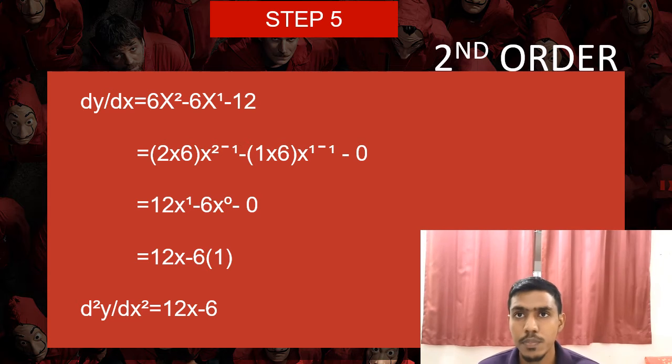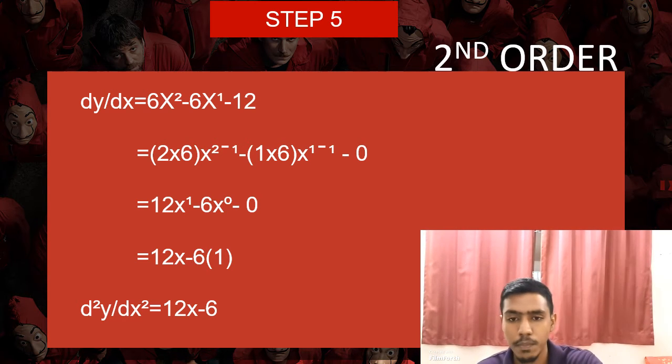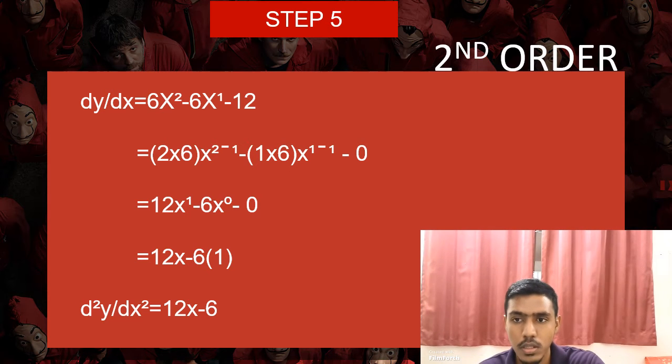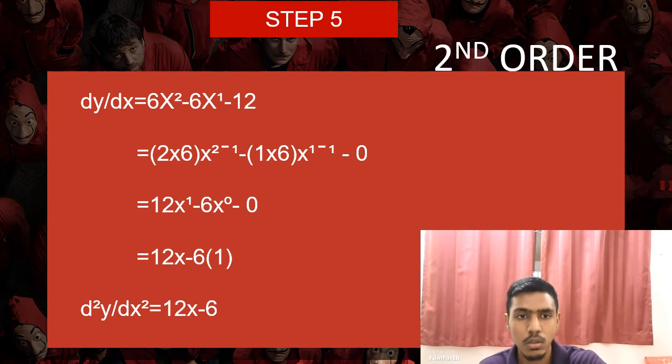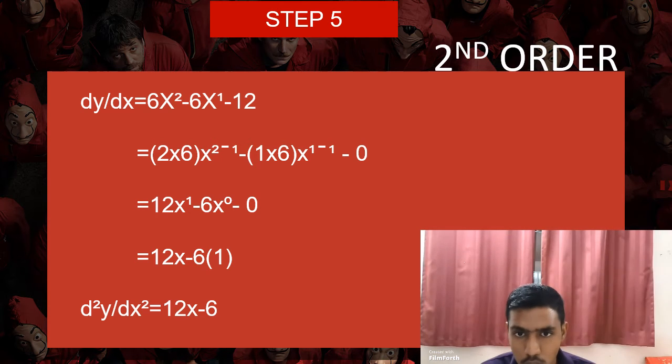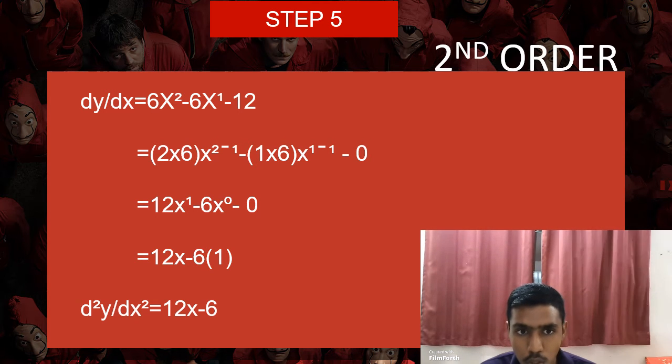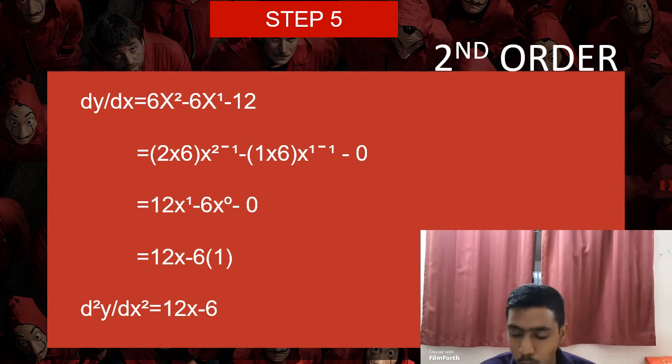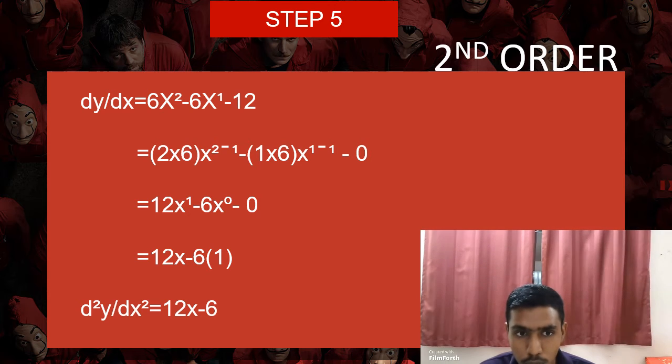I would like to share the fifth step, which is the second order. dy over dx equals 6x power 2 minus 6x minus 12.